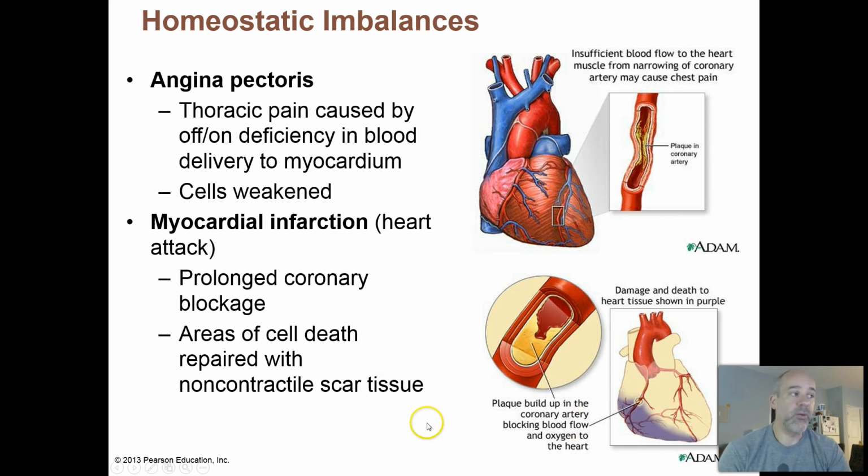And unfortunately, once the oxygen supply gets cut off, like they're showing you there, in blackish gray, that blockage could wind up killing all of those portions of the myocardium that you see there.